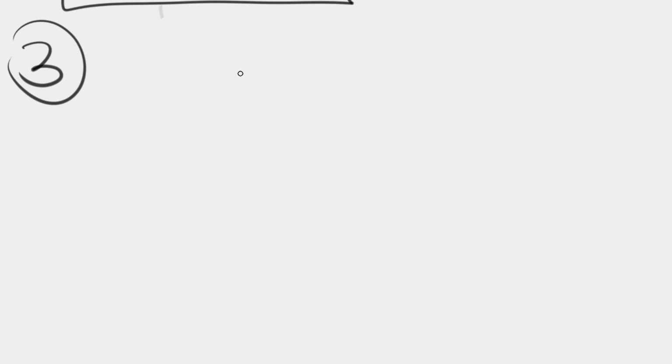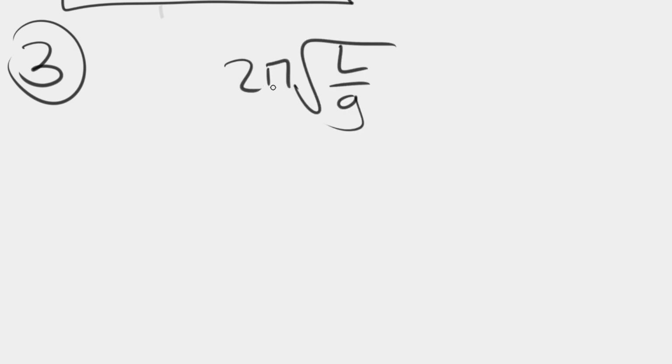Let's say we have the equation 2 pi times the square root of L over g. I believe this is the period of an oscillating pendulum. Let me check the units. Length is in meters, g is in meters per second squared. Yep, this is the period of a pendulum.